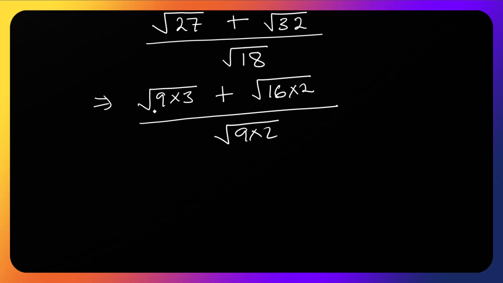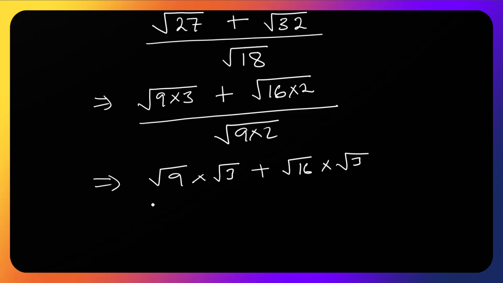So this one can be split as square root of 9 times square root of 3 plus, so we have square root of 16 times square root of 3. Sorry, this side is 2, not 3. And we have square root of 9 times square root of 2.